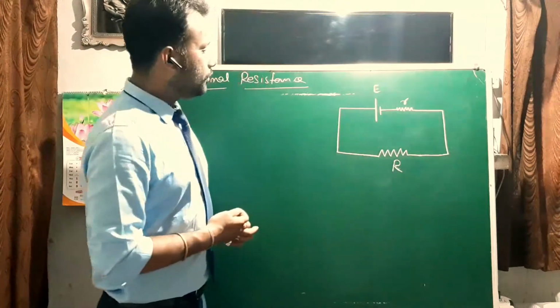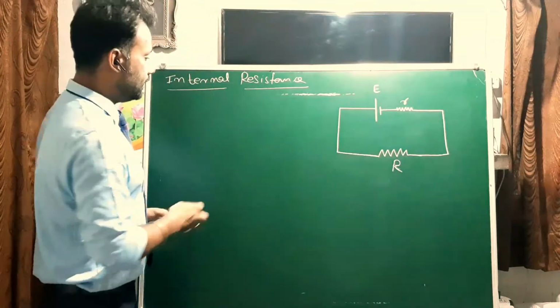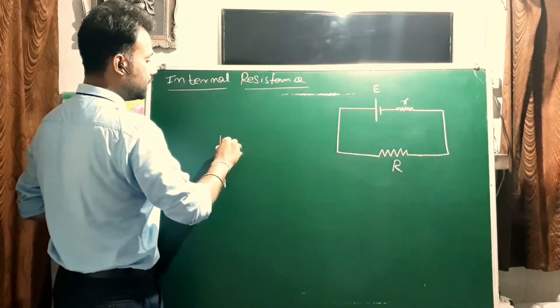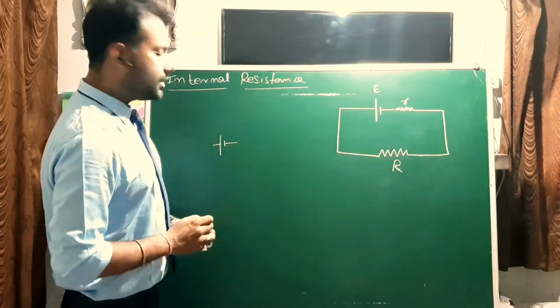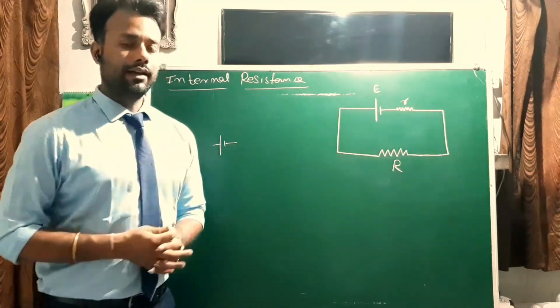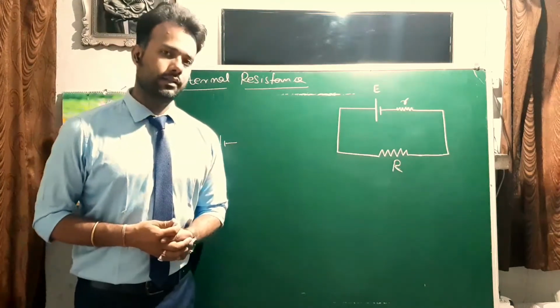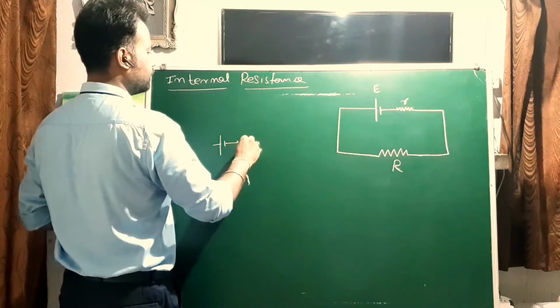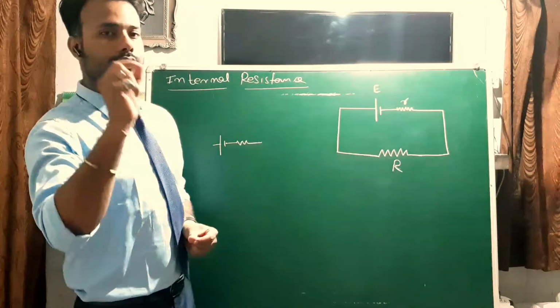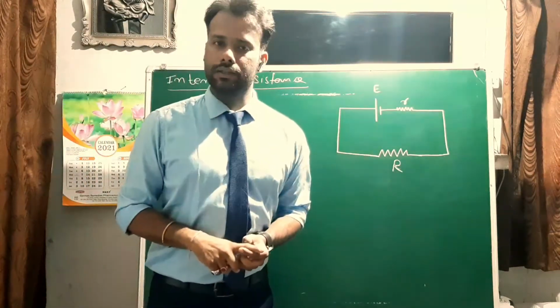Okay, now basically when we say cell, the symbol of cell is this, but actually this is an ideal symbol, because in this symbol we don't consider the internal resistance, but the practical symbol of the cell is this, because a cell also has some amount of internal resistance.